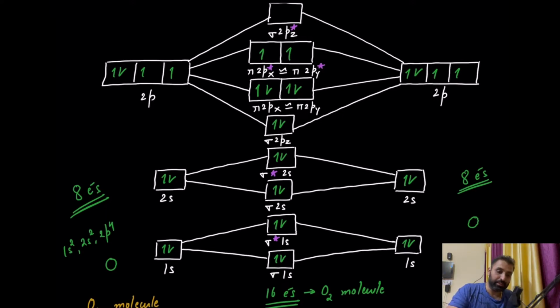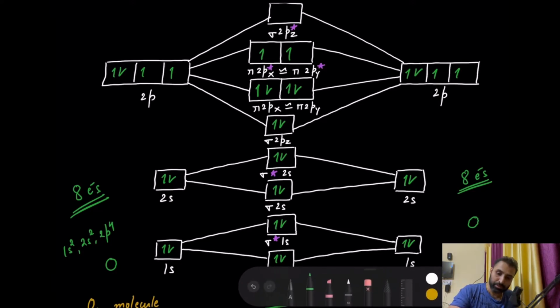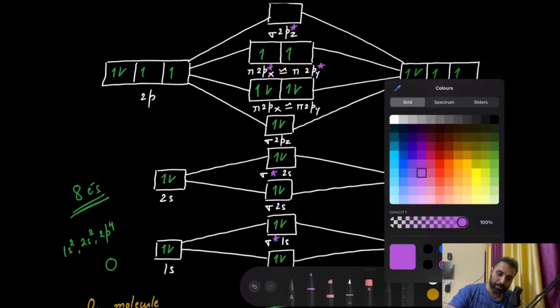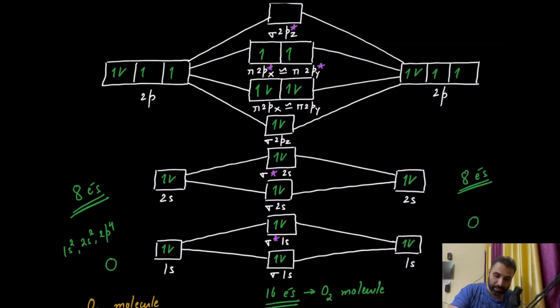Now in case of O2 molecule with a unit negative charge, we have to increase an electron. So that means in case of O2 negative molecule, we have to now fill 17 electrons instead of 16.